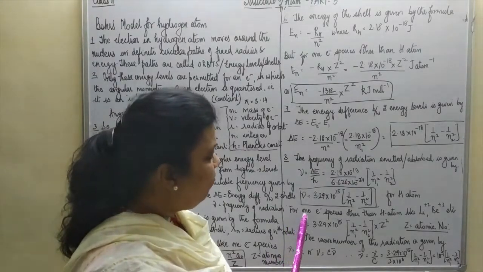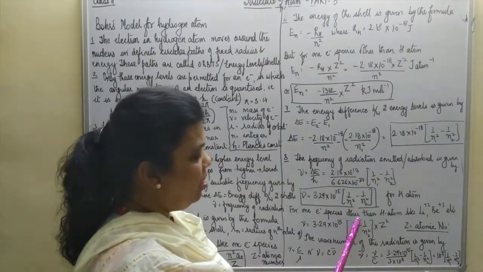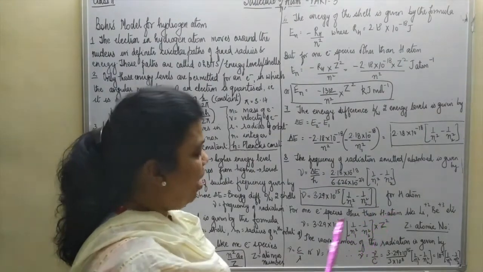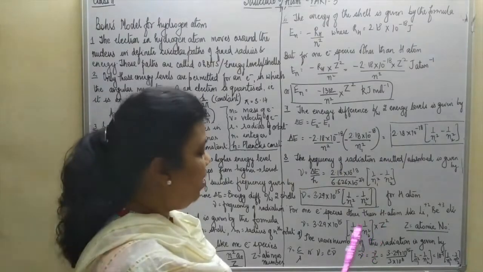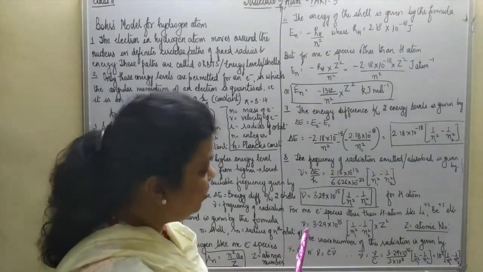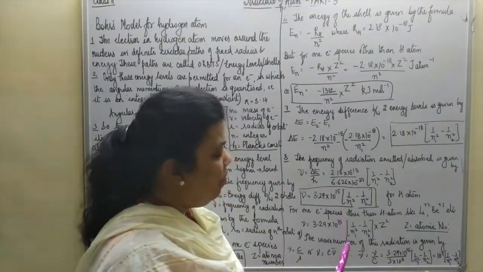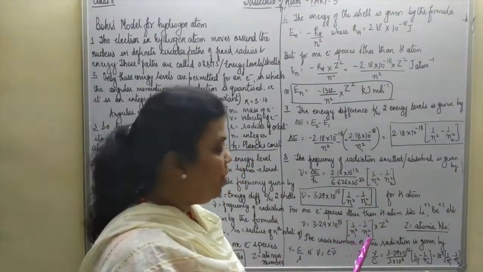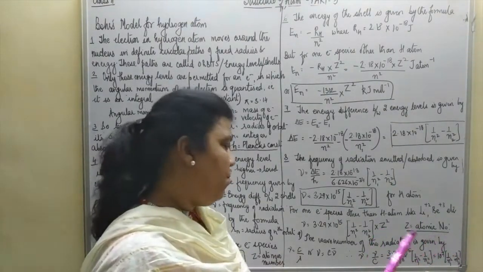Next, again for one electron species, if we have to calculate the frequency of the radiation other than hydrogen atom, then we have to multiply the same expression by Z square. So our expression becomes nu equals 3.29 into 10 to the power 15, 1 upon n1 square minus 1 upon n2 square into Z square, where Z is the atomic number.